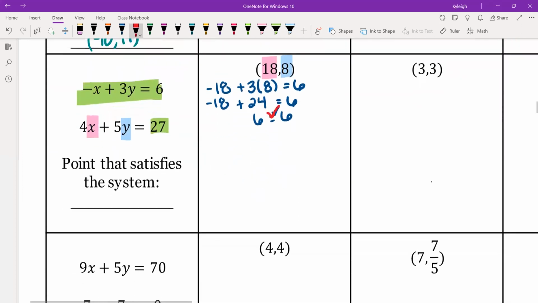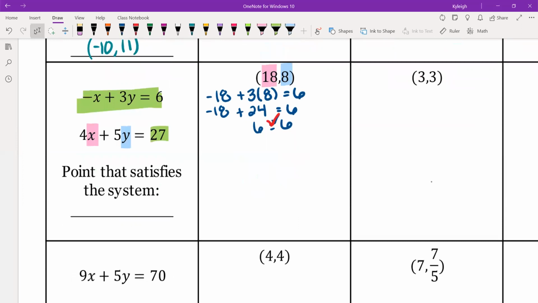And then we're going to try the next one. So 4 times 18 plus 5 times 8 equals 27. 4 times 18 is 72. 5 times 8 is 40. Those together do not make 27. So it is not this point.